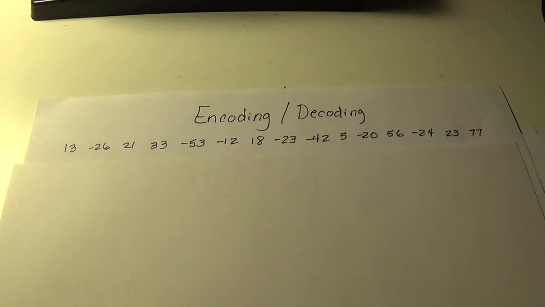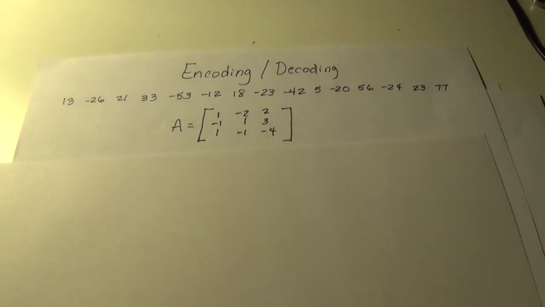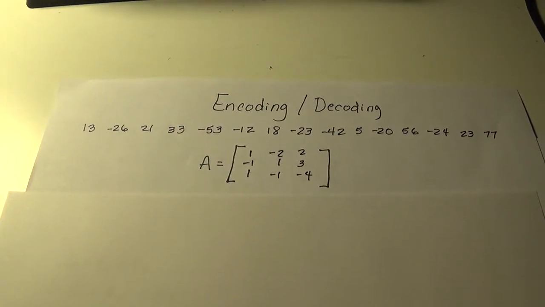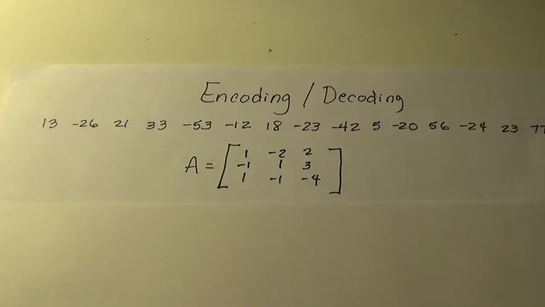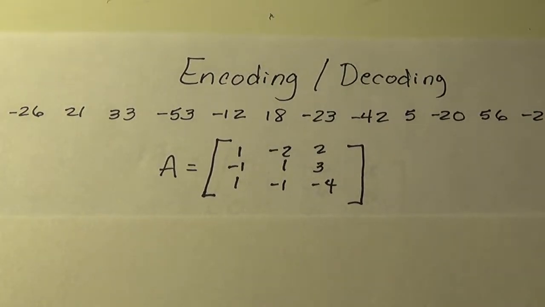I'm going to let you know, and not everyone walking down the hall will know this, that we are going to decode this using a special matrix. And everyone has agreed beforehand on what that matrix is. So here is the matrix that we agree upon beforehand so that we can decode and encode our messages.